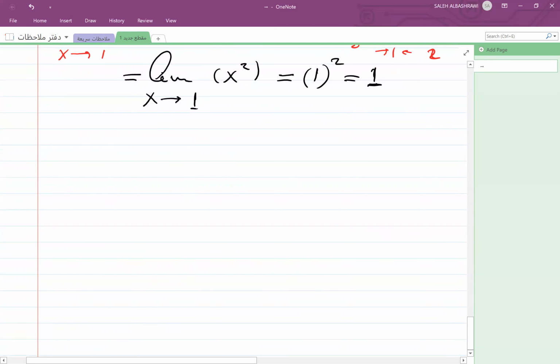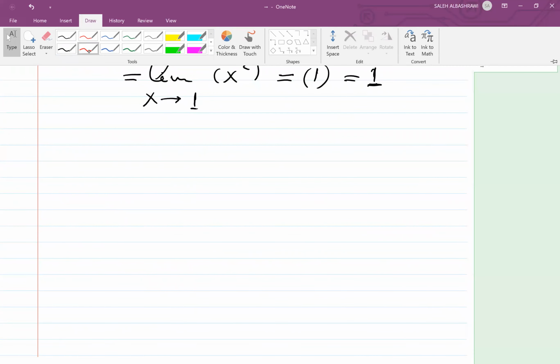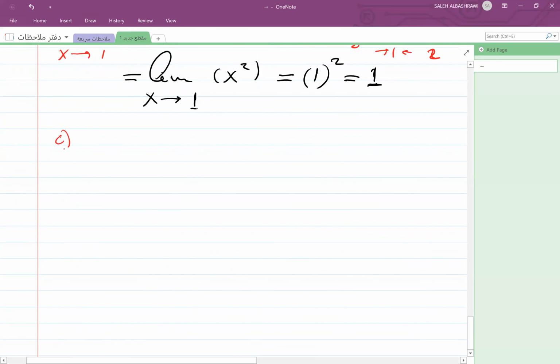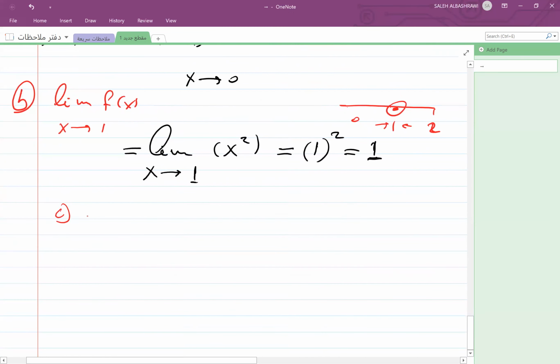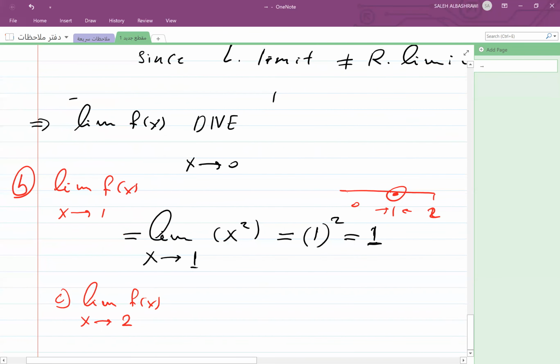One more. What is the limit of the function f of x when x goes to 2? 2 is one of the definition points.